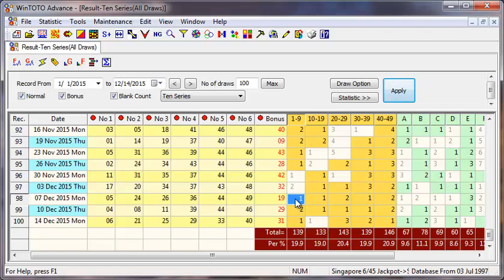These 2 groups of numbers you may want to focus on. So I would encourage you that if you really want to have a combination of both, then 1 to 9, 20 to 29, 30 to 39, 40 to 49, you should follow these very closely. I think that should be the right way. Alright, this is my opinion.